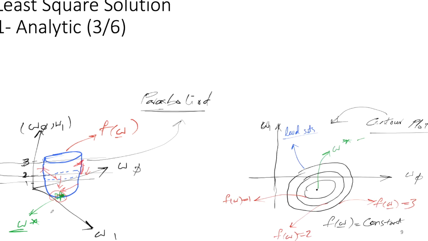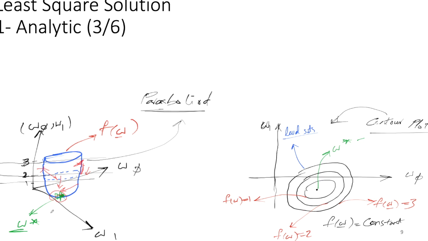If you project that into a 2D space from the top, you're going to see some contours. We call these level sets. Actually, this plot is called a contour plot. Each of these level sets corresponds to one of the points here, like your 1, your 2, your 3.